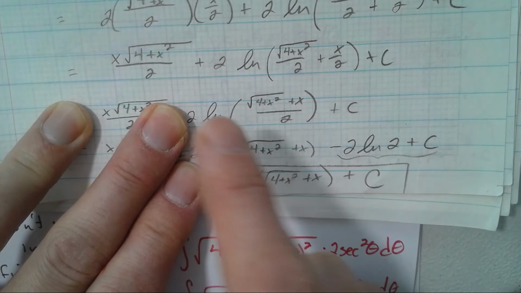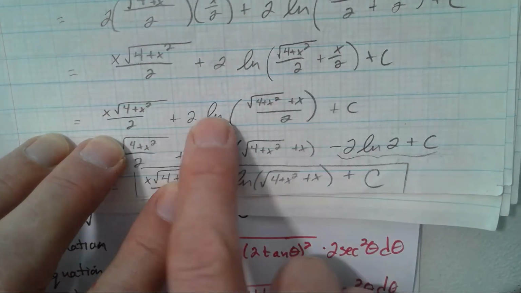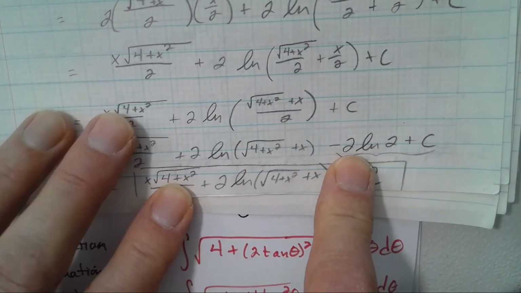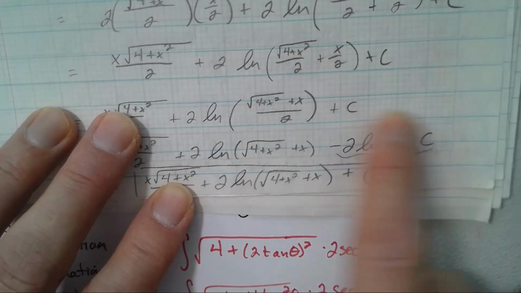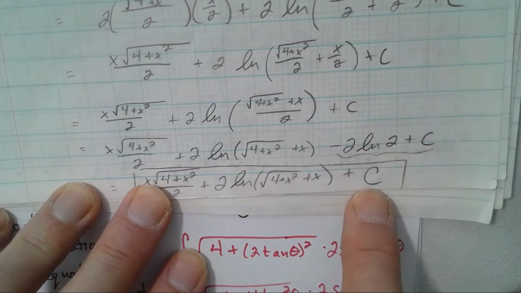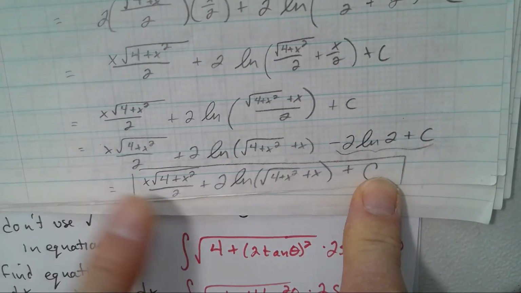And this 2 is still here, so it's 2 natural log of that minus 2 natural log of that, and 2 natural log 2 plus c. All of that is just a constant, so it gets absorbed inside of the c, and it just becomes a different c. So that would be our answer.